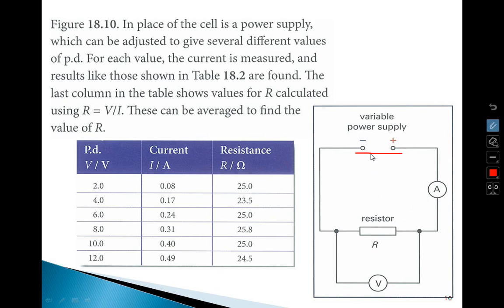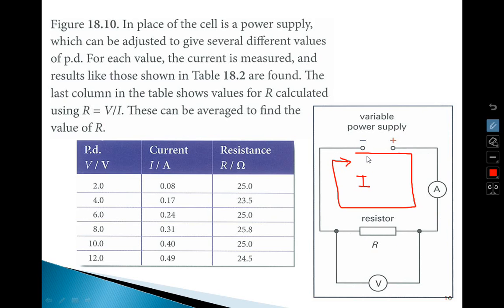As we said before, the current moves from positive to negative, so the current flows in this direction. This is the direction of current flow. Because the power supply and the resistor are connected in the same loop, we can put the meter anywhere here. It's the same because I is the same.